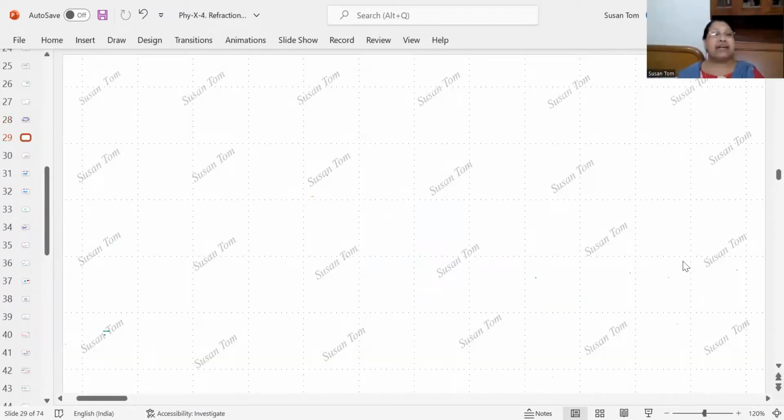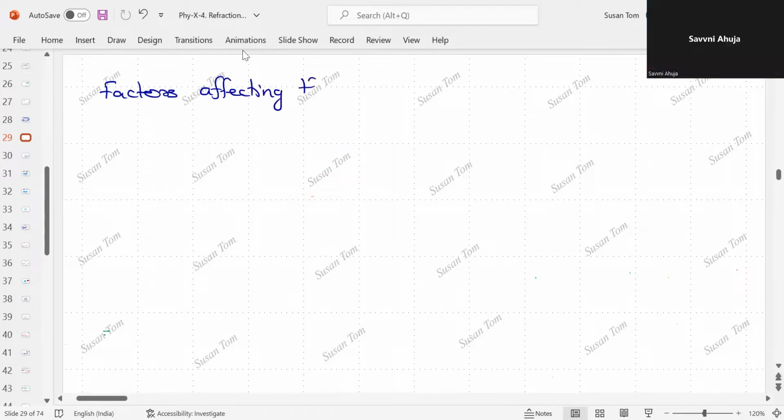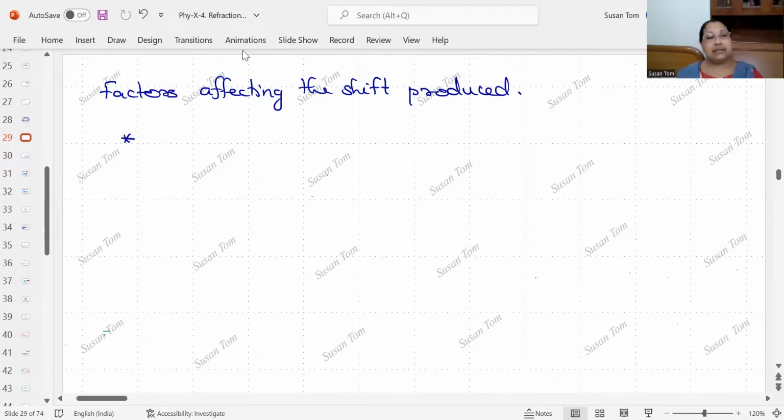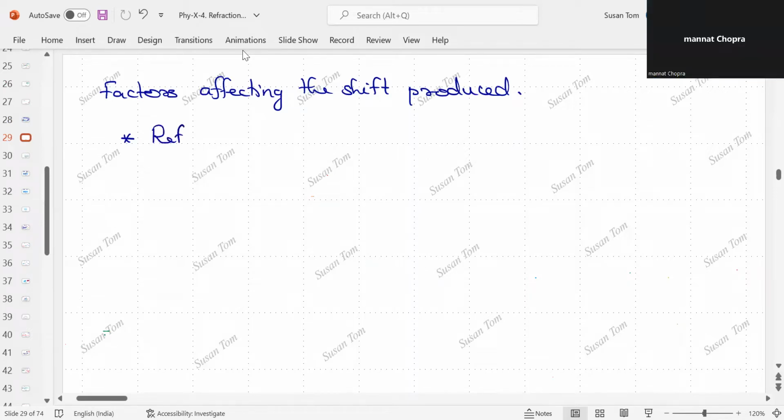Factors affecting the shift produced. First factor is the refractive index of the medium.